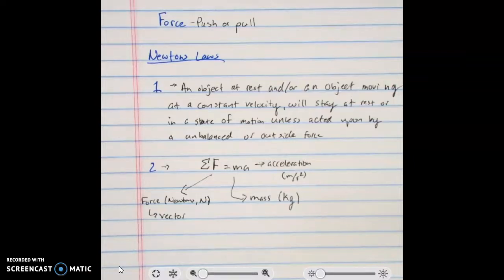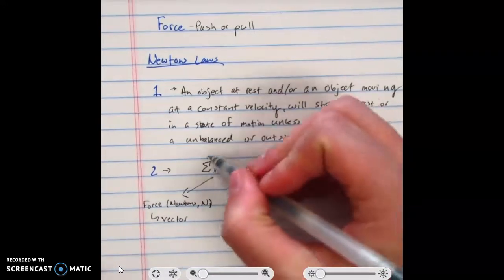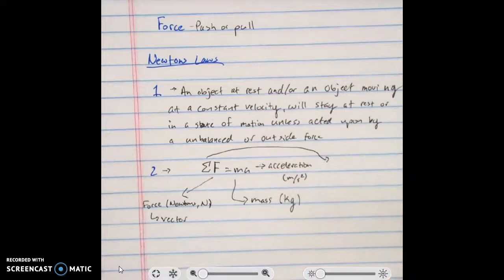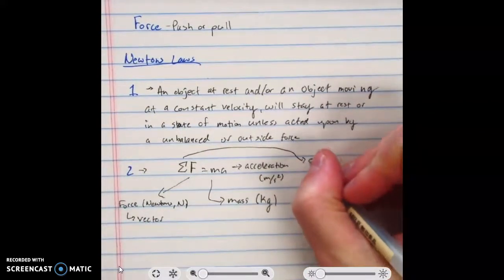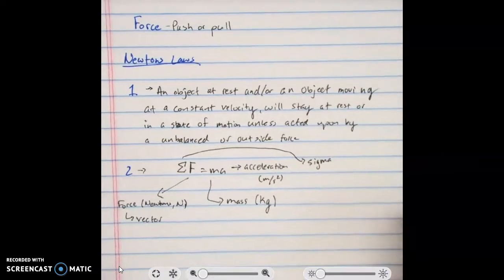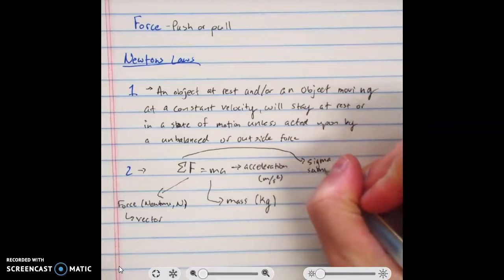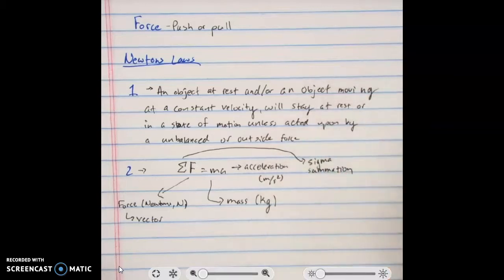Now this last thing, this sigma. Greek symbol, so now you can add that to your repertoire of Greek symbols, means summation, or adding of things together.